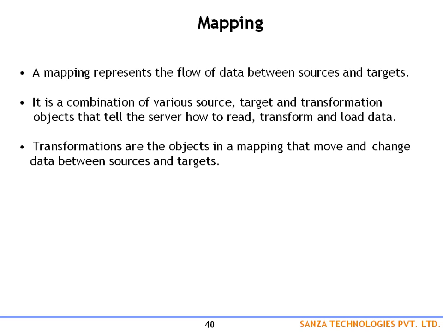Basically, you write in the mapping to read the data from the source, transform this data, and load the data into the target. The definition will be picked up by the Informatica server at runtime.